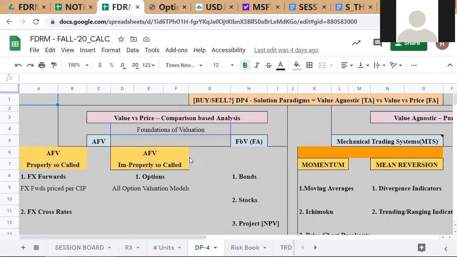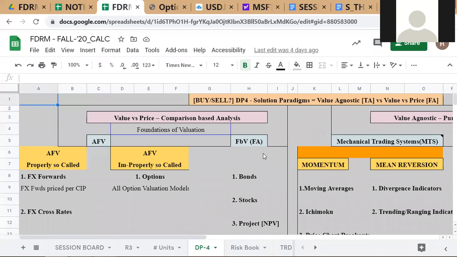We had several discussions. Now, the importance of understanding this kind of framework is that you understand the context in which we do this entire valuation work, okay? You'll see many courses on valuation, chapters on valuation in books.